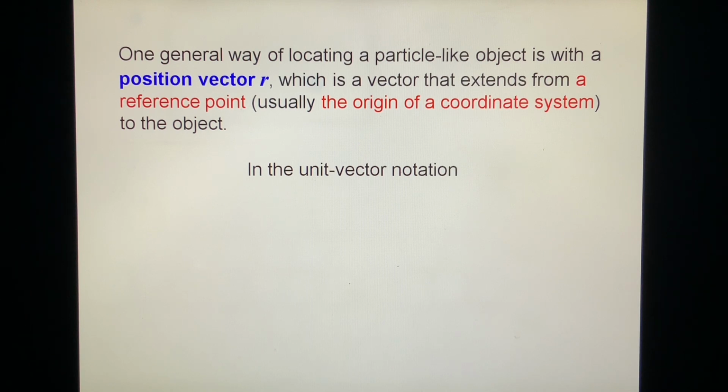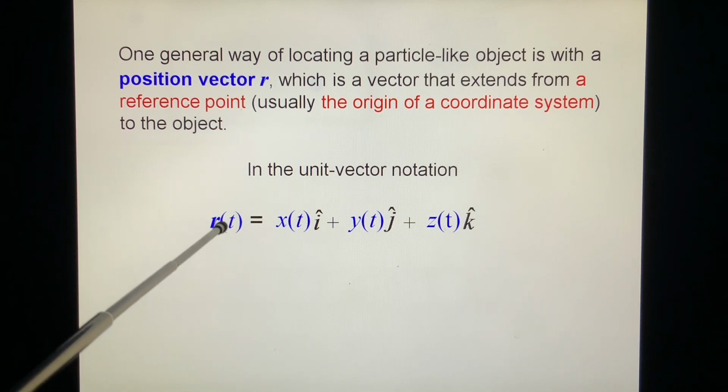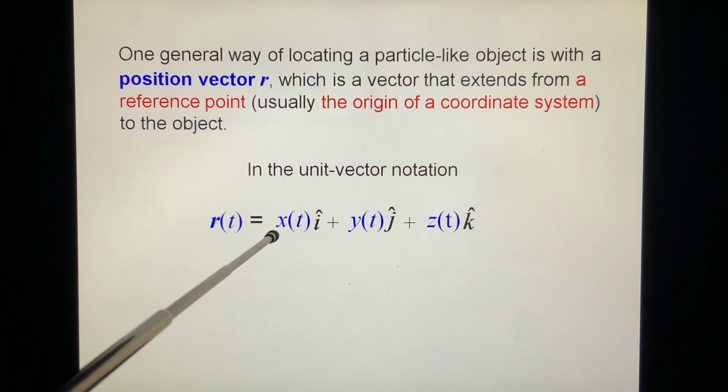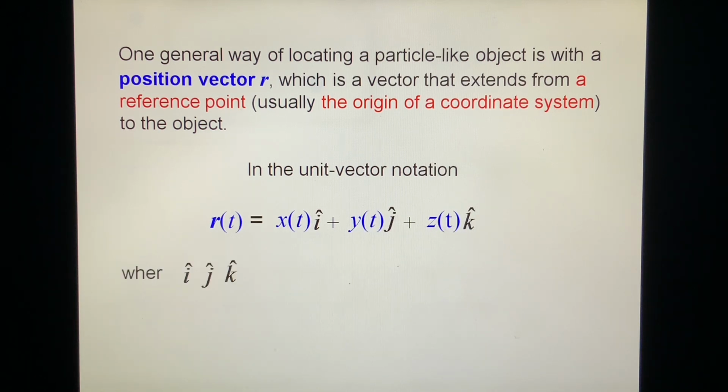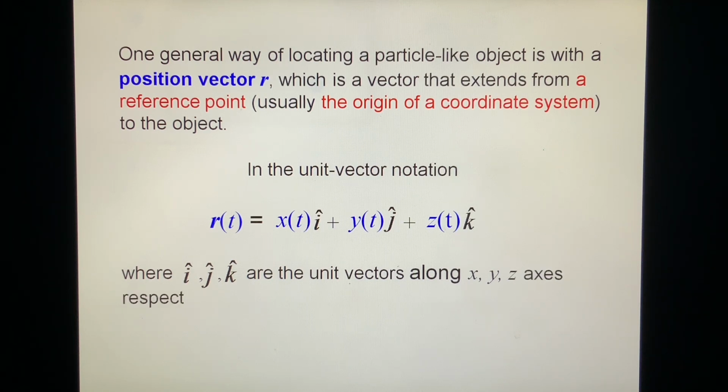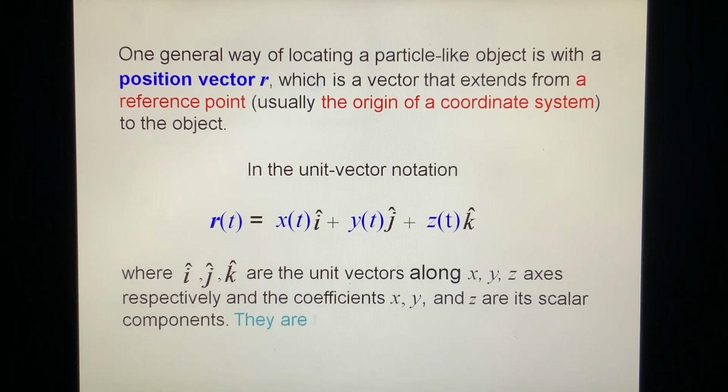In unit vector notation, r, which changes with time t, equals xi + yj + zk, where i, j, k are the unit vectors along the x, y, z axes respectively. They are constant. And the coefficients x, y, and z are the scalar components.